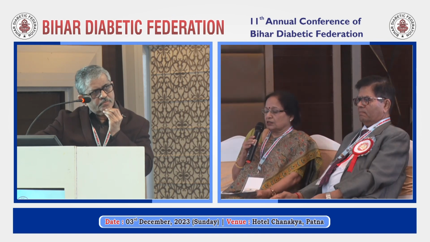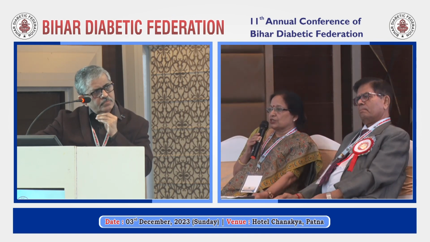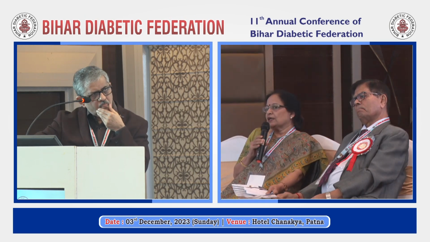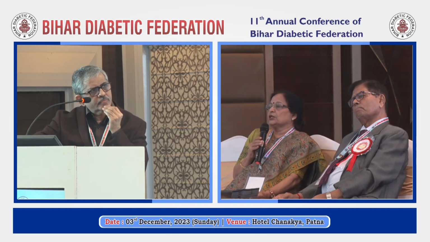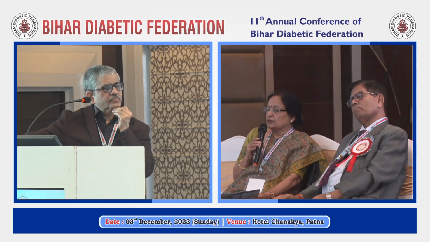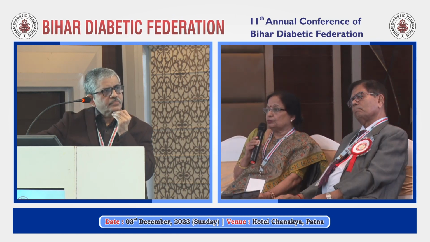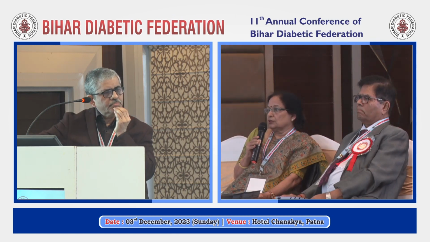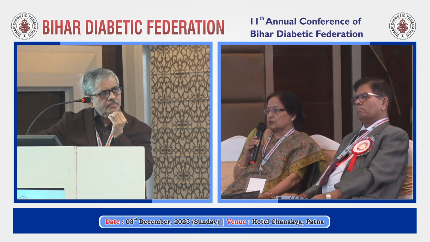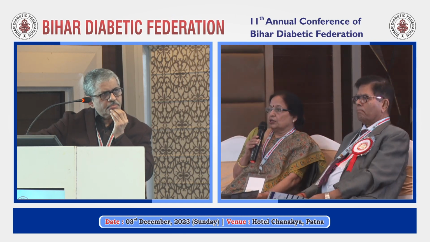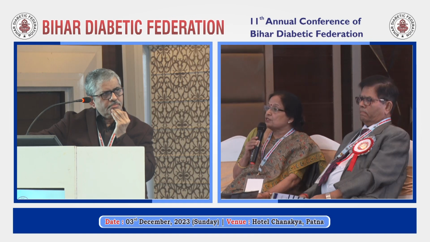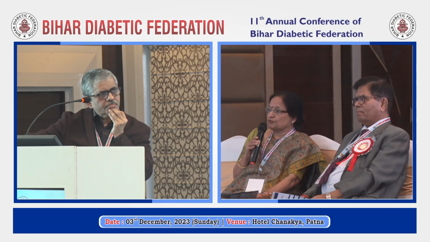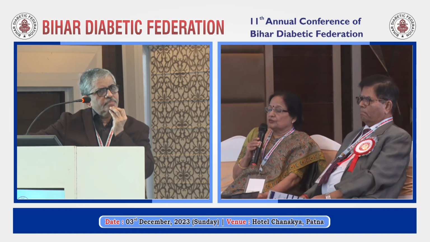And recently I was going through a literature of November 23 that the PP blood sugar should be below 110 to avoid this phenomenon. And if it is more than that, we should start metformin. This is what I gathered.